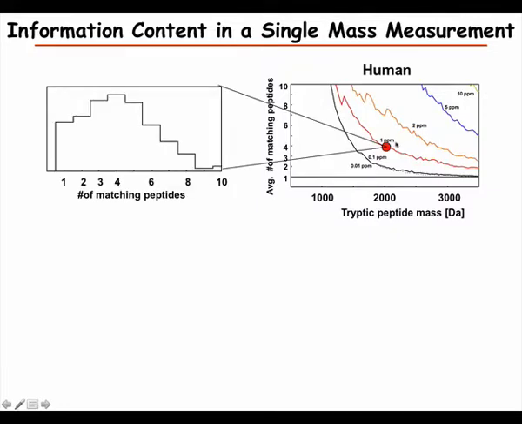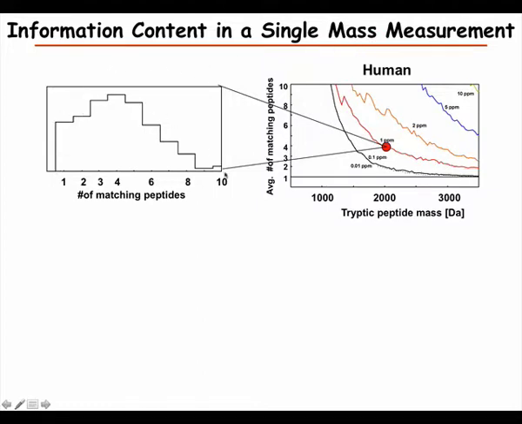If, for example, we go in here at 1 ppm and at a mass of 2000, there are about 4 peptides on average that match that. So just by measuring one peptide mass, we go from hundreds of thousands of proteins down to a single one in human.